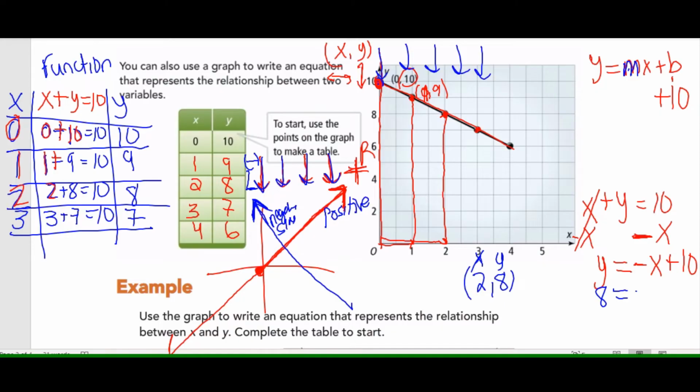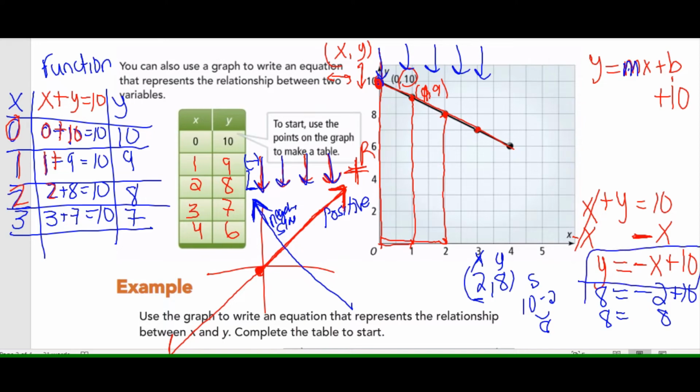Then I'm going to put my minus, and then I'm going to put 2 for x, because that's the x coordinate, and then I'm going to put plus 10. So let's see if this is correct. So I have 8 is equal to negative 2 plus 10. So I can rewrite that as 10 minus 2, and that is equivalent to 8. So this equation is correct.